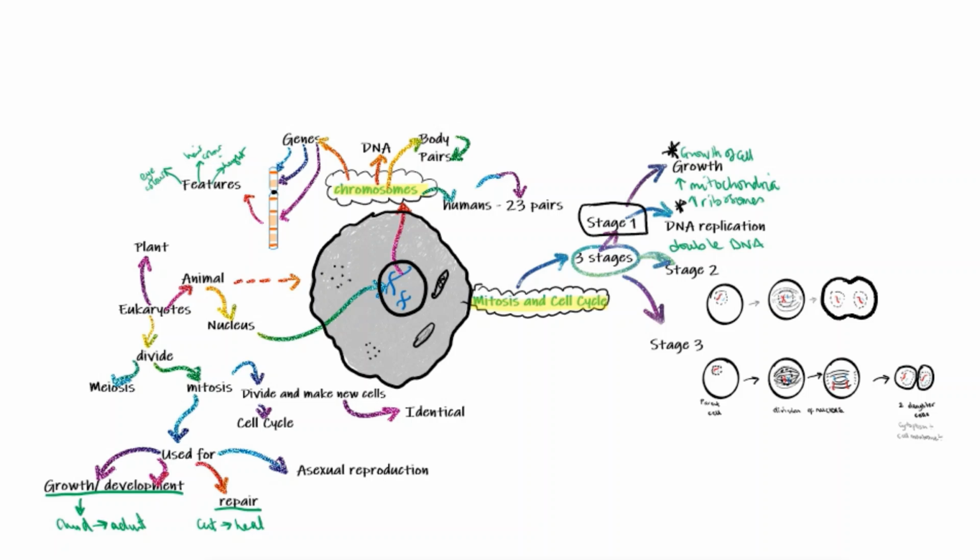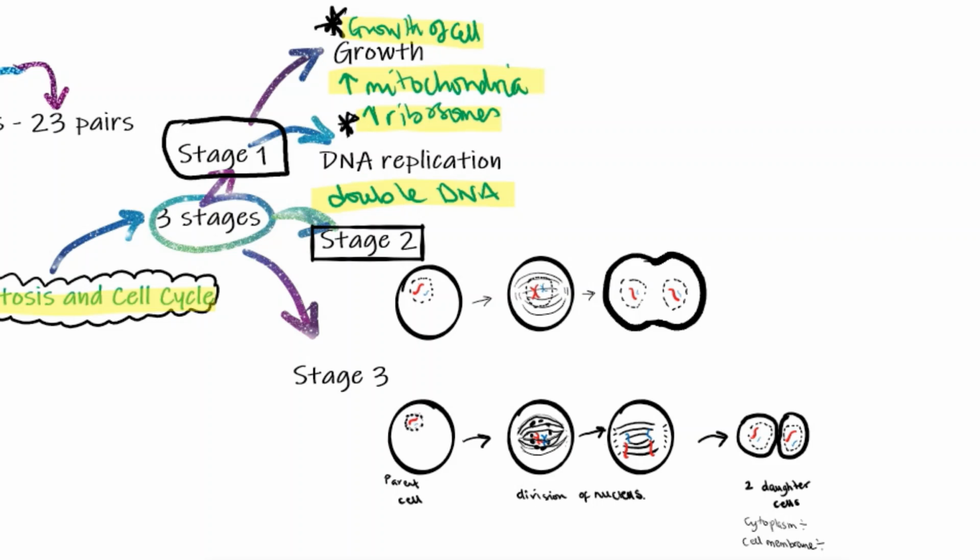So for stage 1, the cell grows. That means there's an increase in subcellular structures, such as increase in mitochondria and increase in ribosomes. DNA replication means there's an increase in DNA. In stage 2, each set of chromosomes is pulled to each end of the cell, and the nucleus divides.